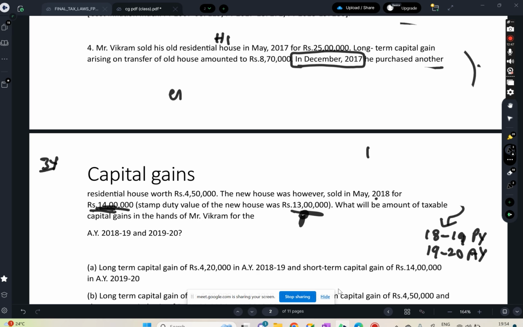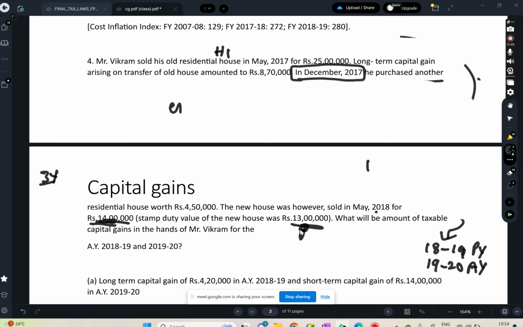At what price did we buy the second house? 4,50,000.